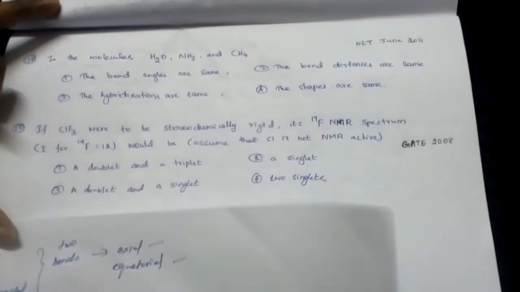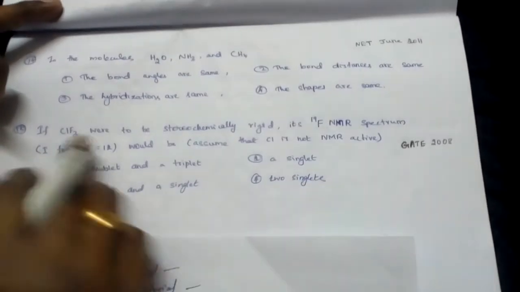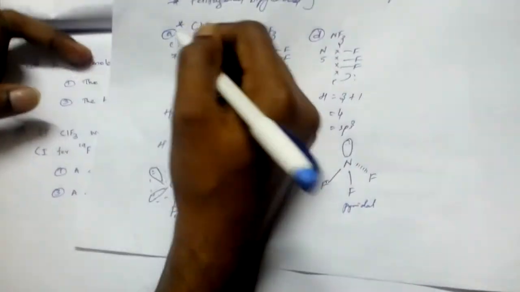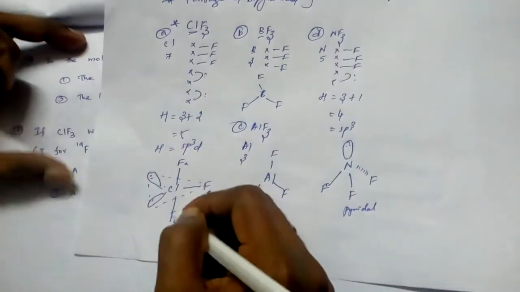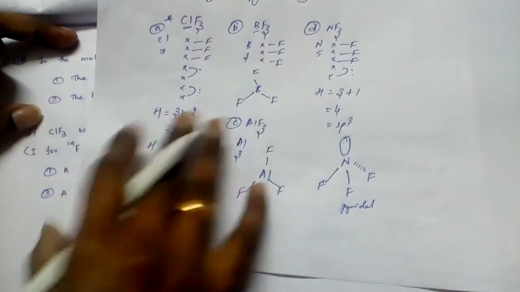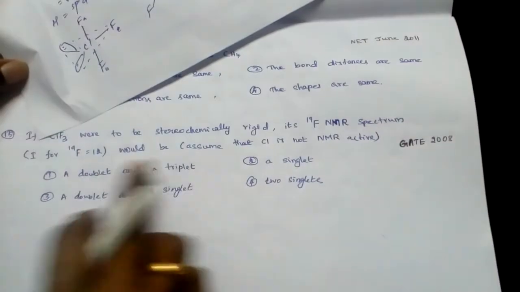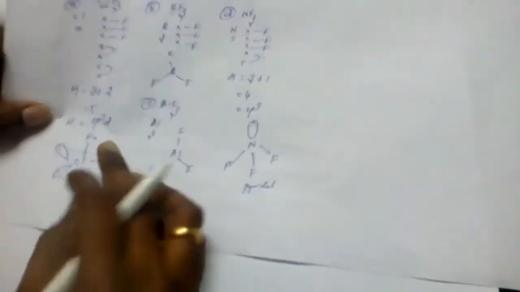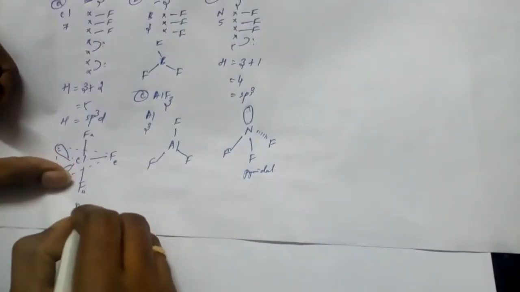They ask about the fluorine spectra of ClF3. We know the structure; here you can see the structure of ClF3. There are two different environments, so we can expect two NMR signals, and these two options are ruled out.